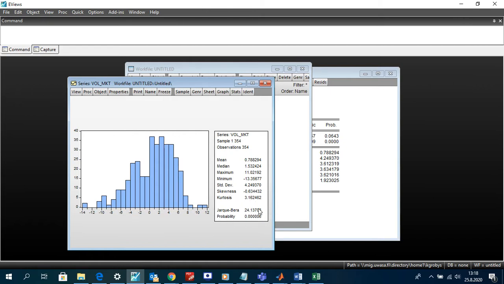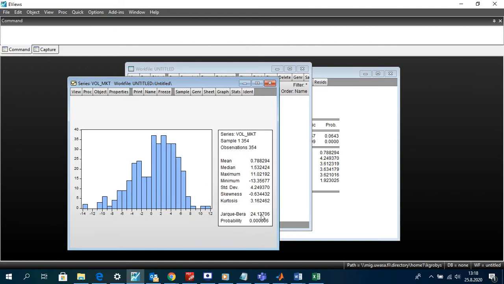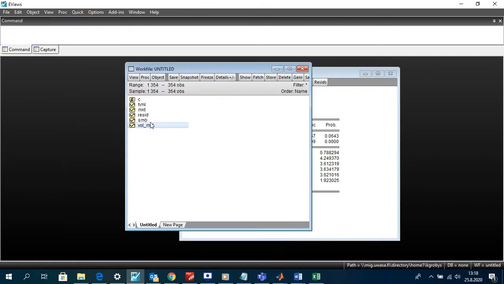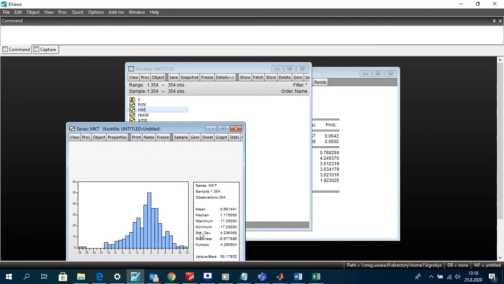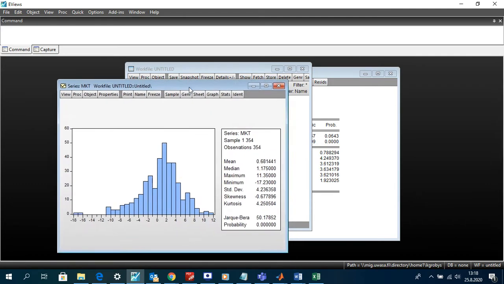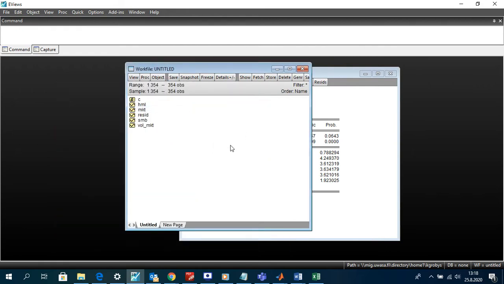The Jarque-Bera test rejects the null hypothesis of a normally distributed random variable. The p-value is 0. And the same is probably true for the market factor. I would be surprised if it were not the case. Even here, the market factor has higher kurtosis, 4.25, so obviously it's a fat-tailed distribution.